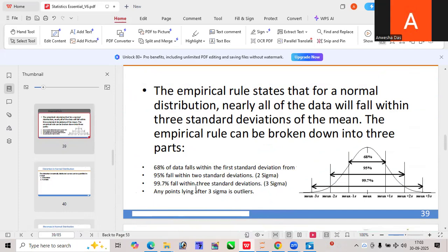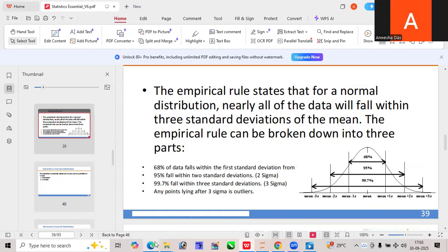If any data falls beyond mu plus 3 sigma or mu minus 3 sigma, we'll consider it an outlier. So the highest range will be plus 3 sigma and the lowest will be minus 3 sigma.